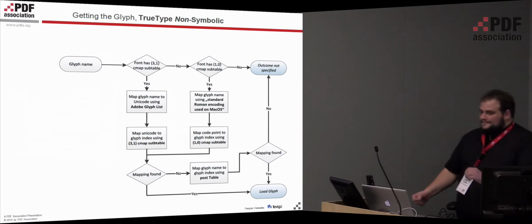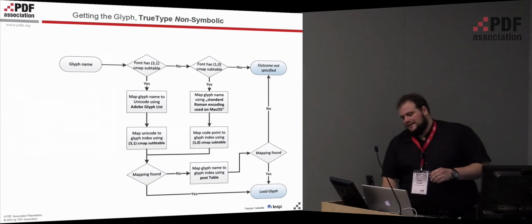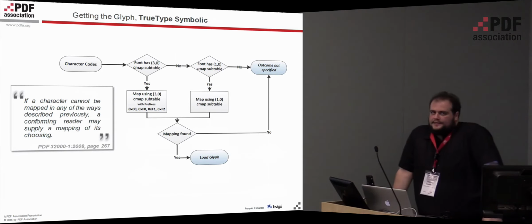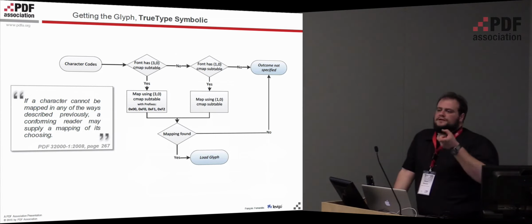Sorry, before you go, you said symbolic. What is symbolic? Symbolic is basically just an additional flag in the font descriptor. And the only real sense is that it specifies a different way of using the encoding.